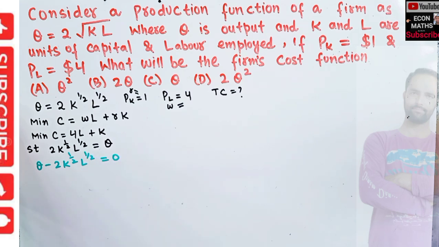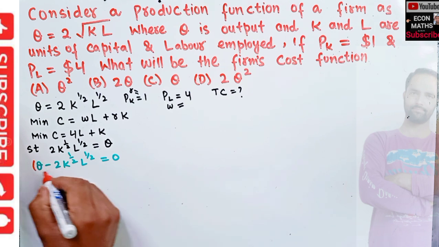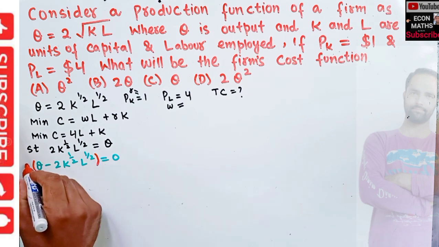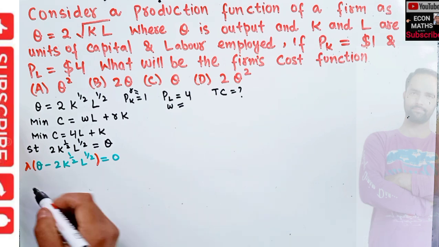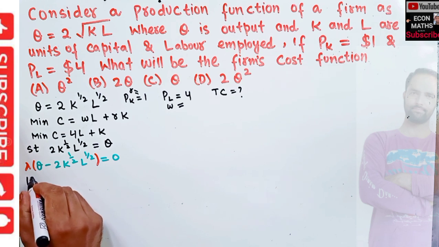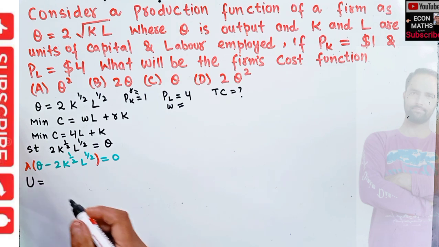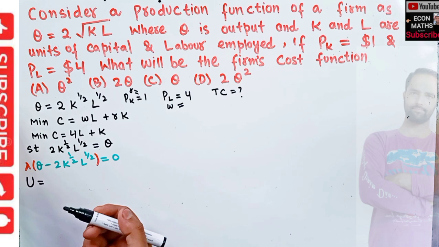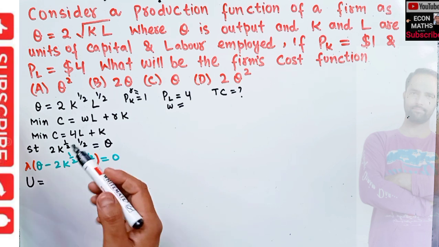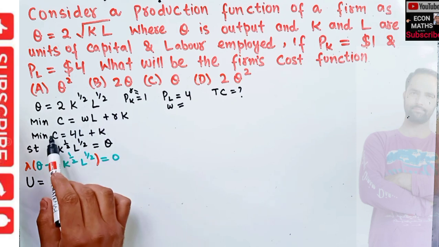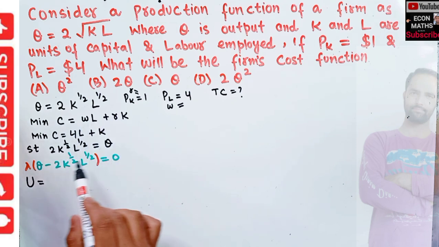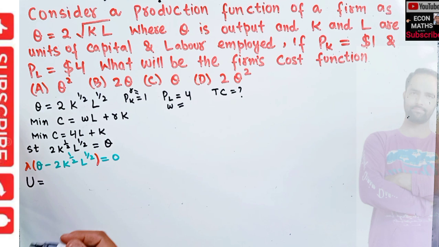After that, we multiply this resulting constraint by lambda. After that, we form the Lagrange's function, and let's denote it by u here. How do we form the Lagrange's function? Simply we add up the objective function, this cost function, and we add this resulting constraint.